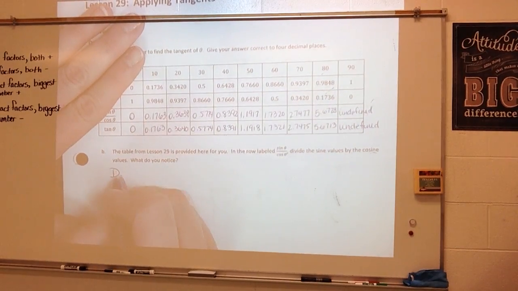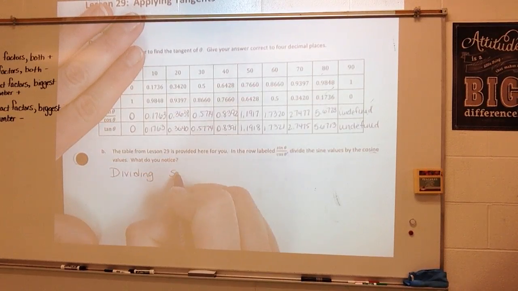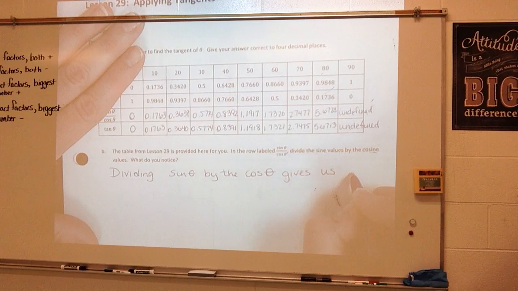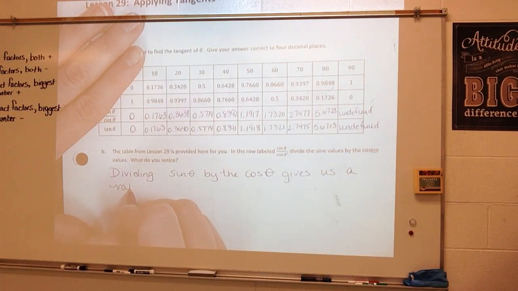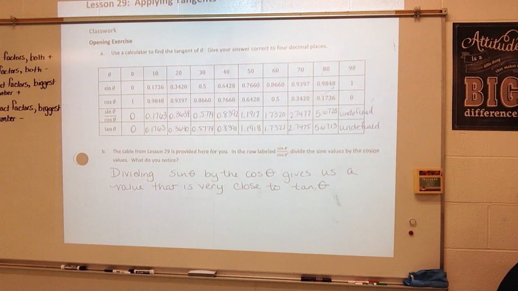So we can say dividing the sine of an angle by the cosine of an angle gives us a value that is very close to the tangent of our angle. All right? It is very close.